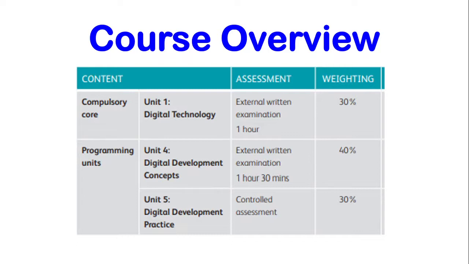Unit 5 is all based around controlled assessment, which is typically a real world problem for which you're asked to design a computer application using C#. You have 36 hours of class time to develop the application and also do a write-up, and it's worth 30% of your overall mark.